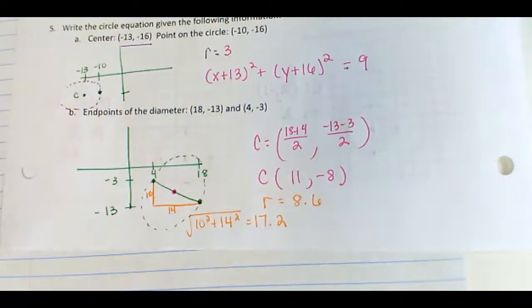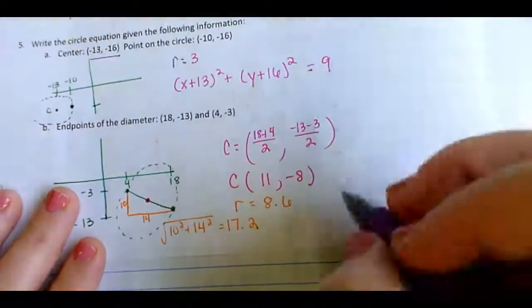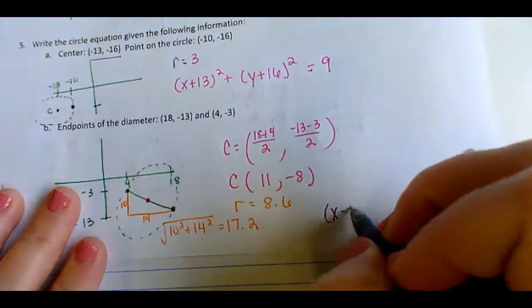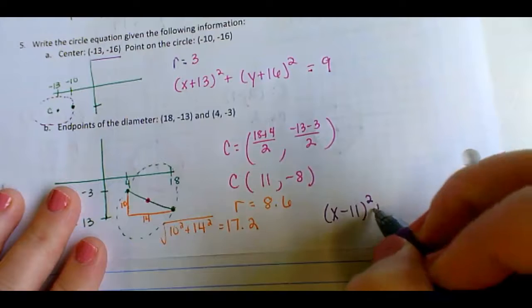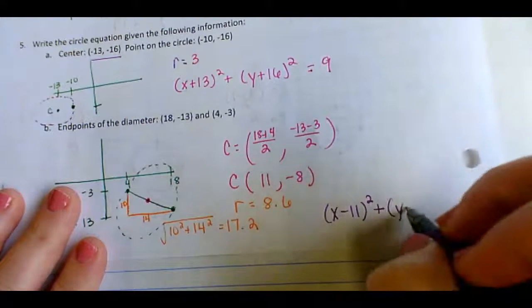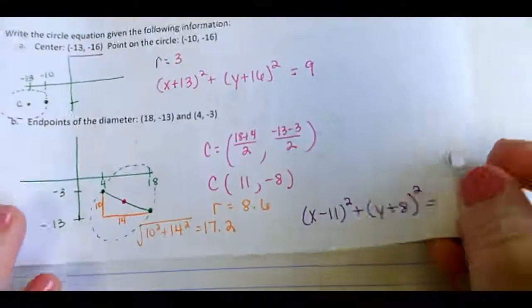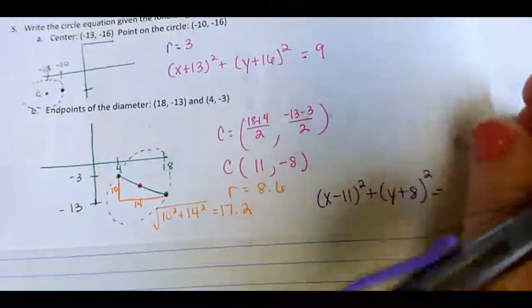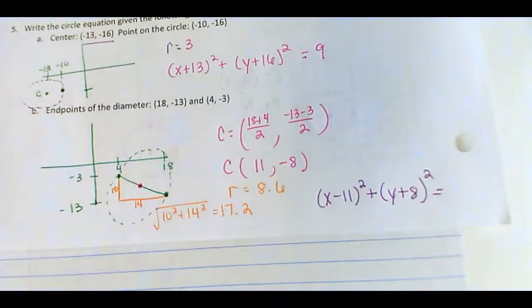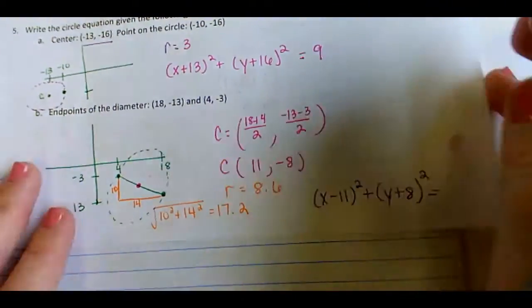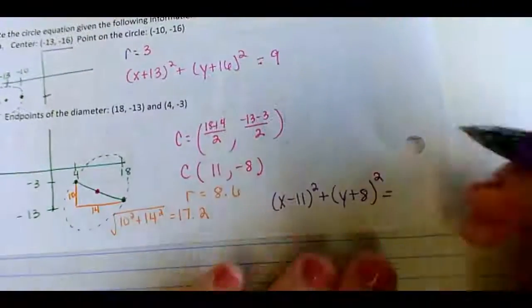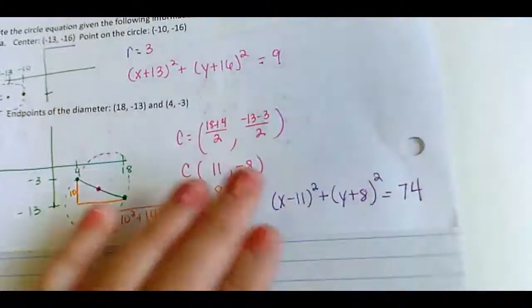And then to write the equation, we're going to write x minus 11 squared plus y plus 8 squared. And then we're going to square our radius, so 8.6 squared. And we get the regular old number of 74.